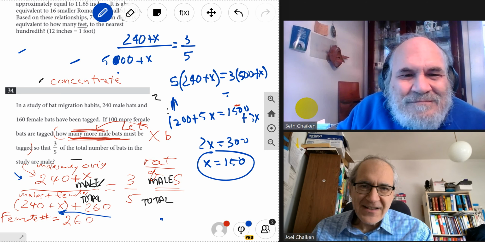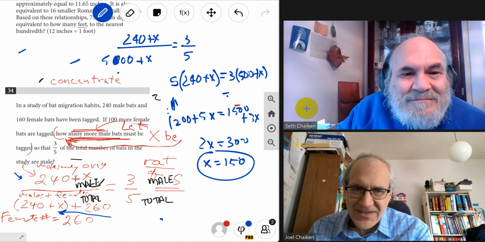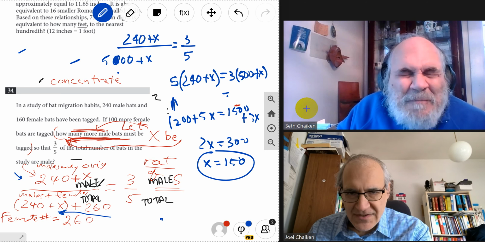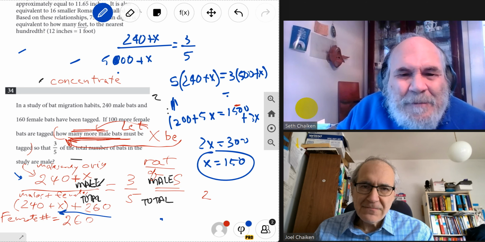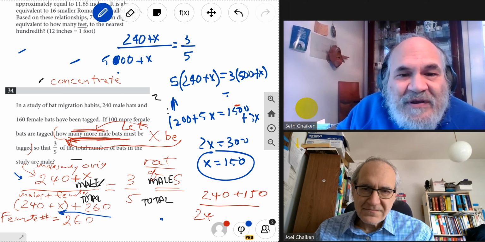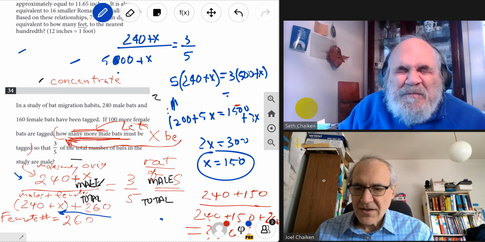So it looks like x really is the answer. If you have a second, you should just review this, quickly check the math, give it a quick 10, 15 second check. It's worth it. You could use your calculator: 240 plus 150 over 240 plus 150 plus 260 should equal 3/5, and 3/5 is 0.6. 240 plus 150 is 390.